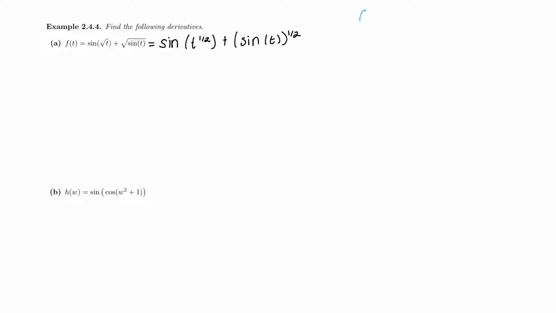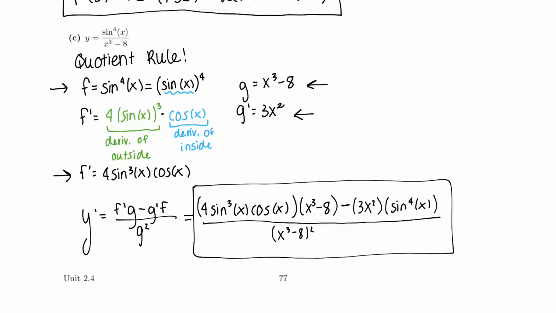Remembering with chain rule, it's the derivative of the outside multiplied by the derivative of the inside. What was the color coding I was using?